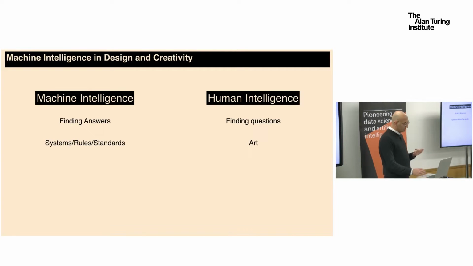In that regard, machine intelligence is very well suited for areas where we have systems, rules, even nonlinear, or standards. Opposite to that, we have human intelligence, which works on art. And here, art, for me, is when you are resisting being part of a system. That's the art.